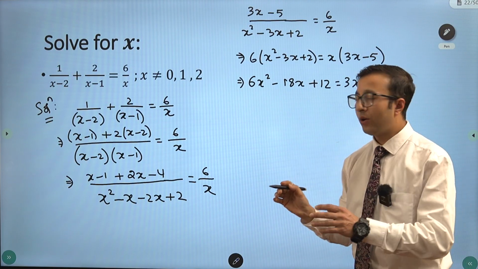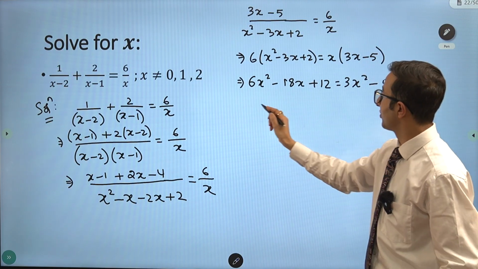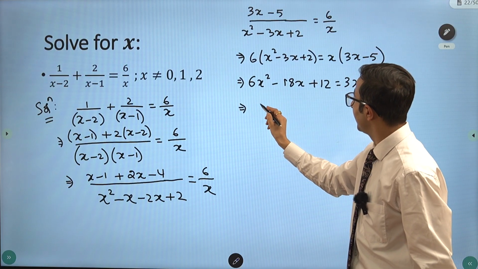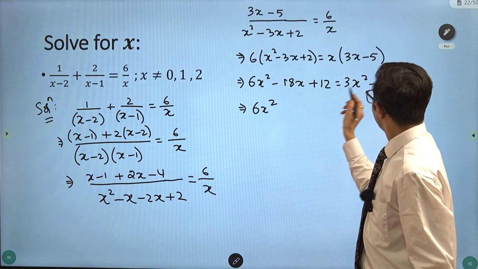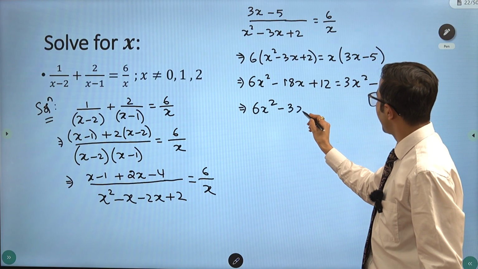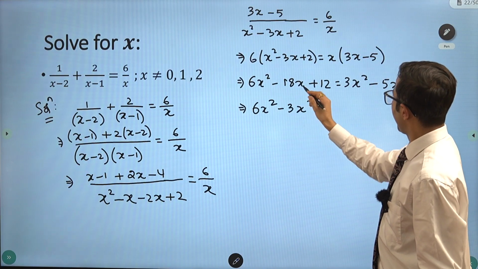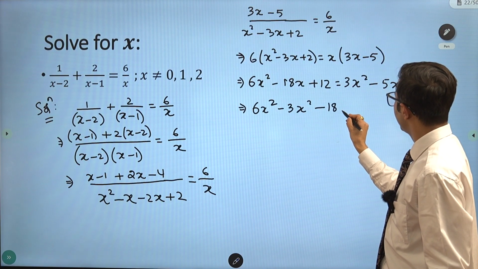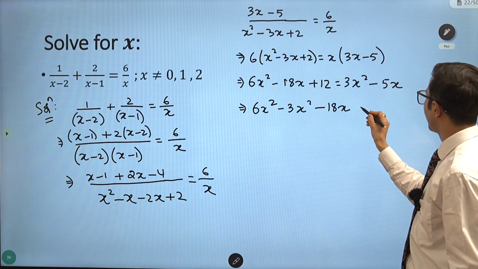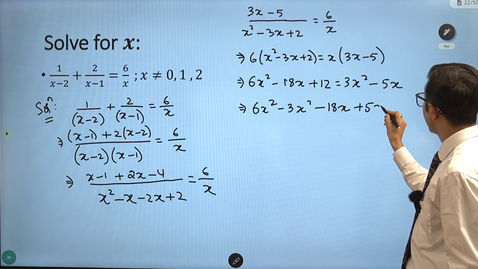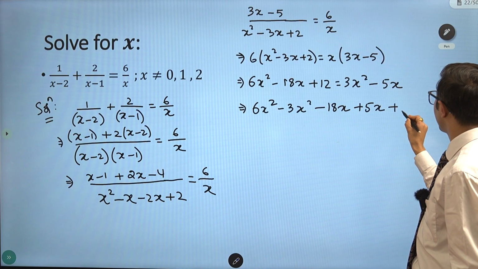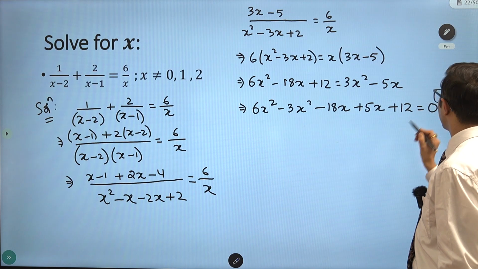Now we will take all the terms that we have in the right hand side to the left hand side. It will be 6x square minus 3x square. Next minus 18x is there. We will take this minus 5x to the left hand side; it will be plus 5x, and plus 12 is already there. We will be writing there only, which is equals to 0.